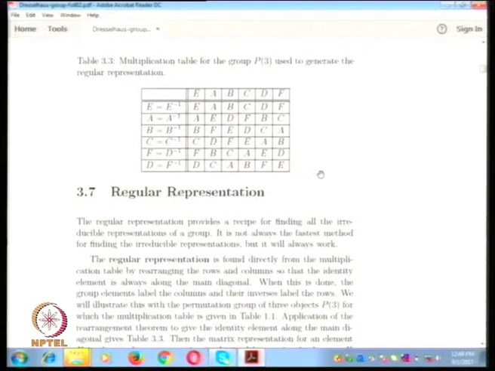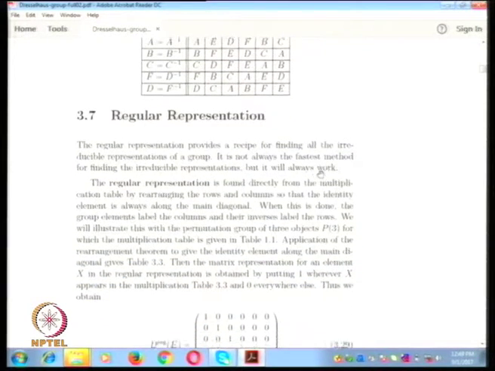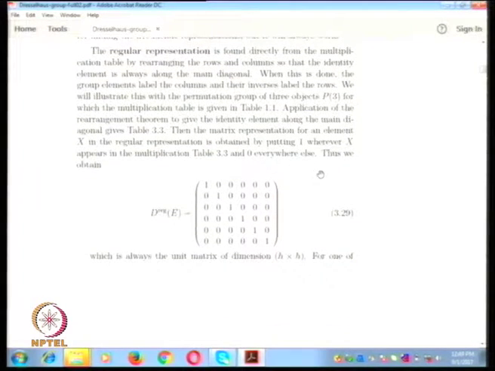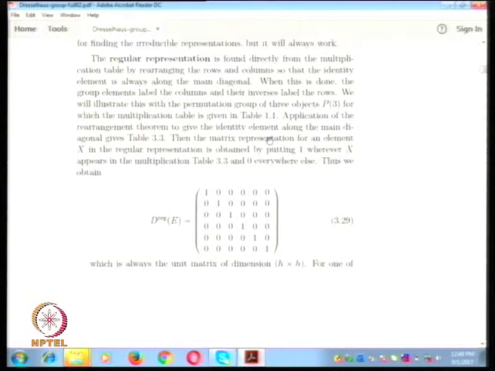Then the statement says that after you do this rearrangement, the matrix representation for an element X in the regular representation is obtained by putting 1 wherever X appears in this multiplication table.